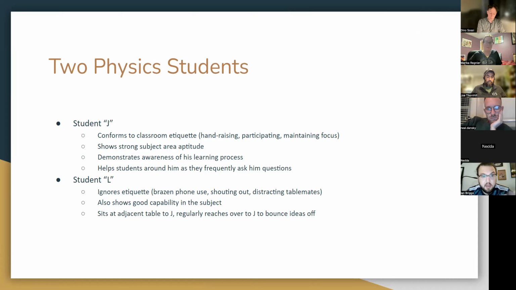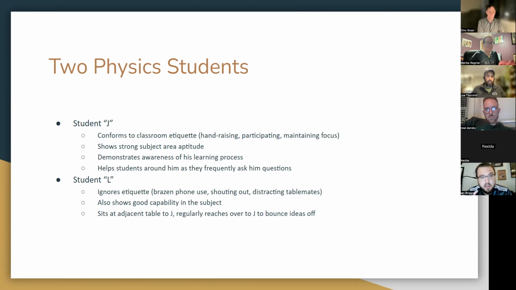So yes, Jay is a good physics student, knows what he's doing. He also demonstrated metacognition, awareness of his learning process. I'll get into that on the next slide, but he was also teaching his table mates. They were asking questions, and he was helping tweak that for them.